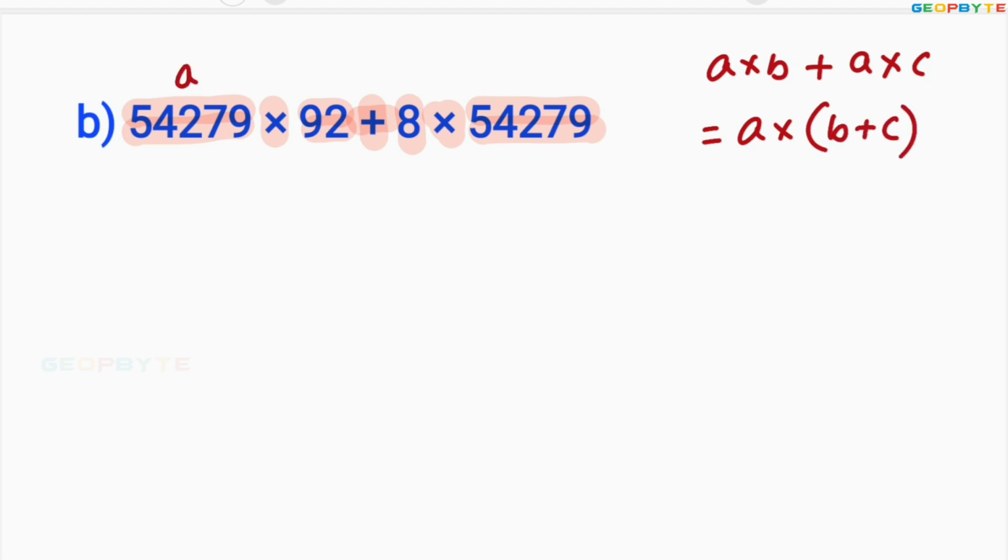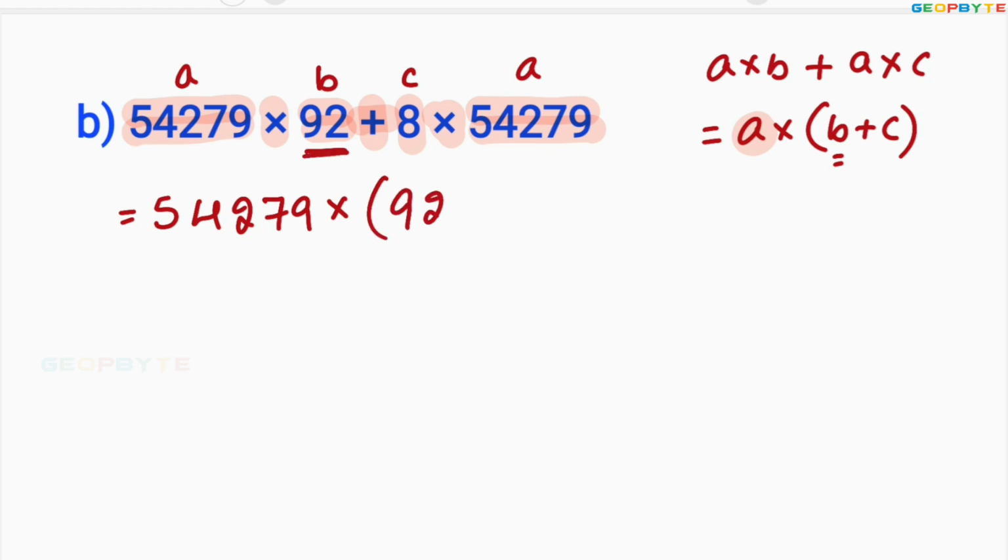Here the A can be written outside: 54279 multiplied by (92 plus 8).